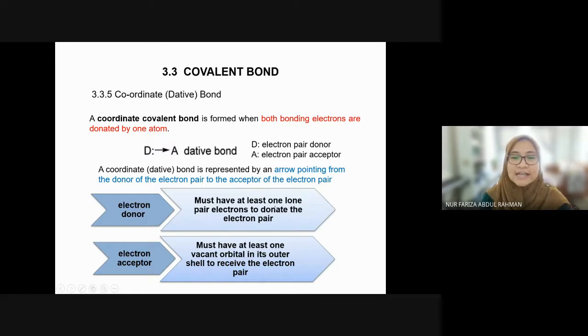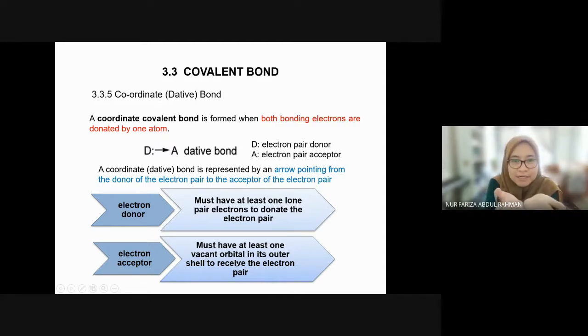At least the donor must have one lone pair of electrons in order to be donated to the acceptor. Logically speaking, to donate, there must be something extra, right? Only then can it donate. On the other hand, the acceptor does not have any lone pair, but it has at least one vacant orbital.